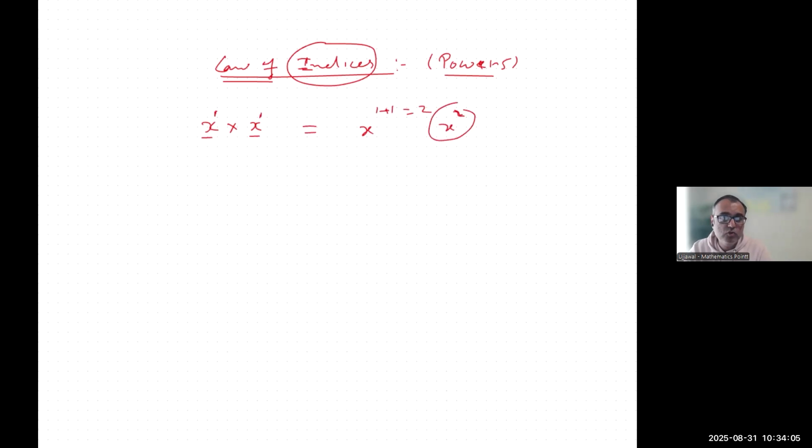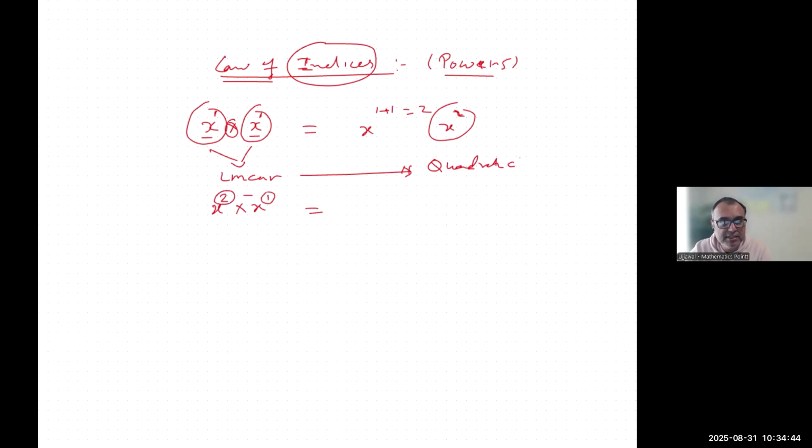So what I'm trying to make a point here is that when two linear expressions get multiplied, they make a quadratic expression. So you have to think in those terms now, okay? Linear times linear is quadratic. And if I have x squared times x, a power of 2 and a power of 1, they get added.